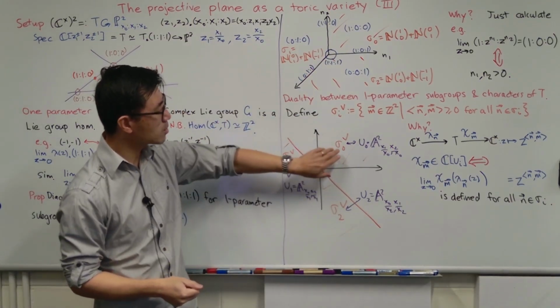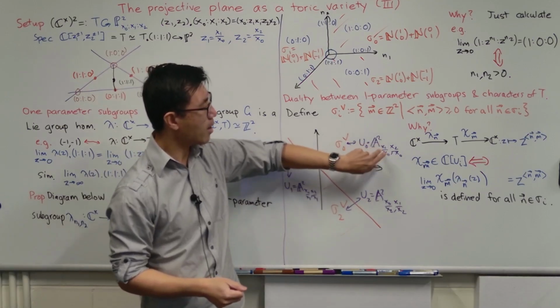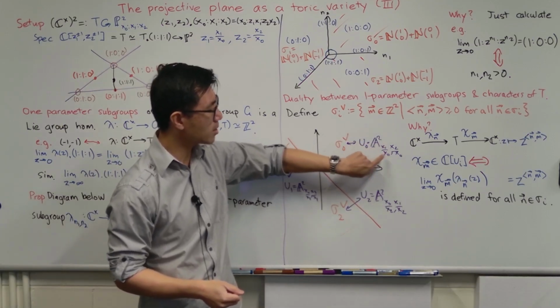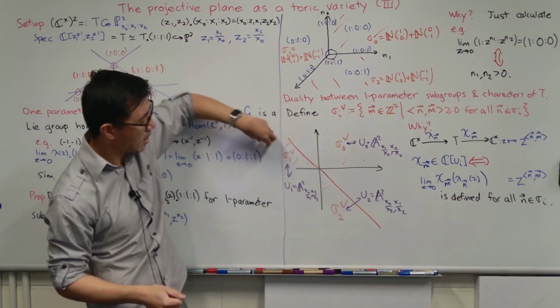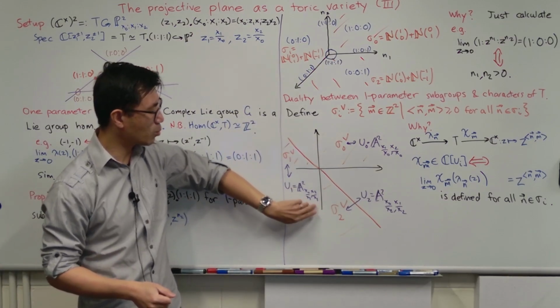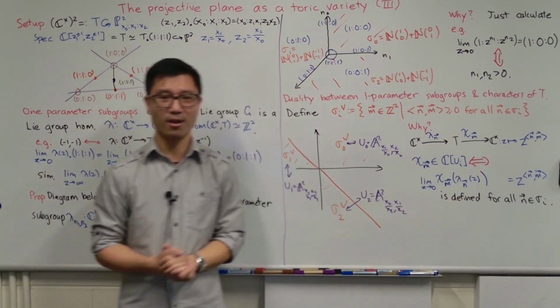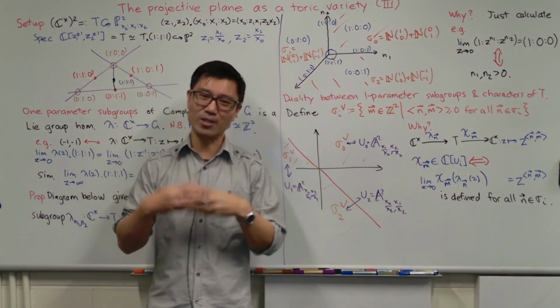So here this U sigma 0 check corresponds to U0, the affine plane with coordinates x1 over x0, x2 over x0. This bit here corresponds to the affine plane where x1 is non-zero, and this here is the affine plane where x2 is non-zero. Okay, so is this a miracle, or what's really going on?